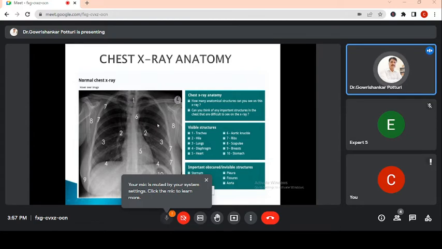Number 9, breast. Number 10, stomach, and this is a gas bubble. Important things you cannot see: sternum, esophagus, spine, pleura, fissures and aorta.